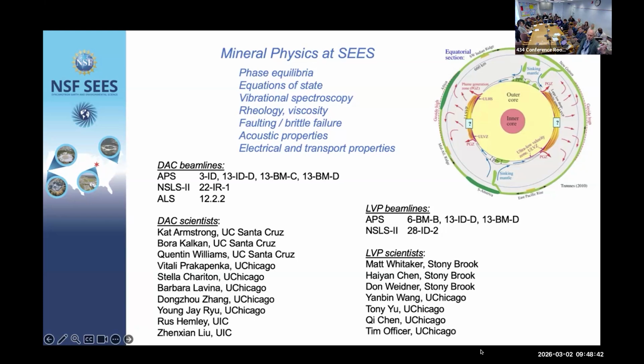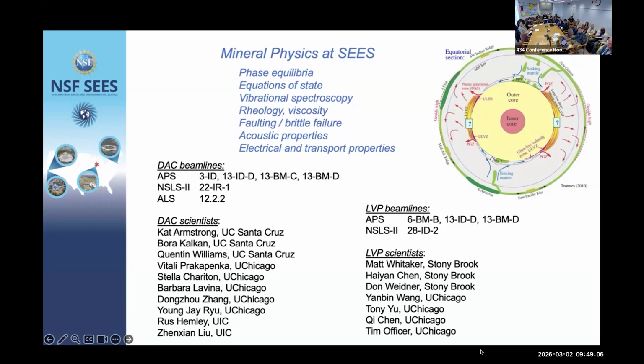Using X-ray techniques, mineral physicists study phase equilibria, equations of state, vibrational spectroscopy, in situ rheology, rock mechanics properties, acoustic properties, and transport properties. CHESS supports mineral physics applications at quite a variety of diamond anvil cell beamlines, DAC, at APS, NSLS-II, and the Advanced Light Source.